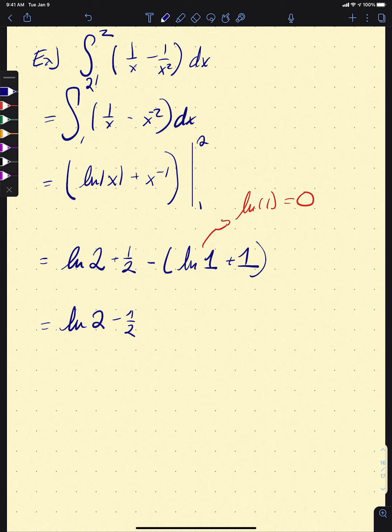An antiderivative is an infinite number of functions. It needs a plus c. A definite integral is a number. It's some finite value.